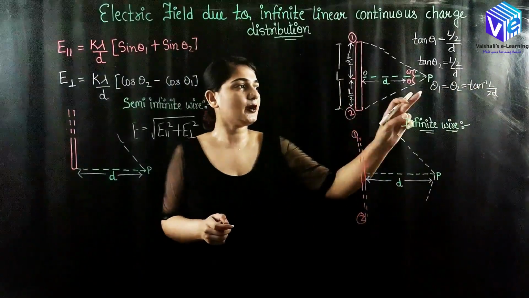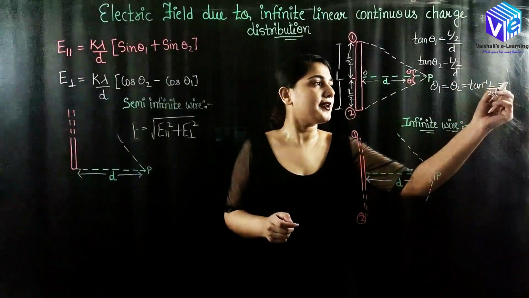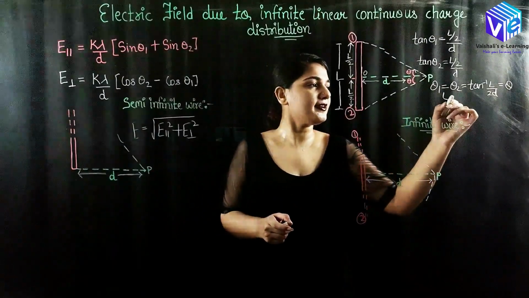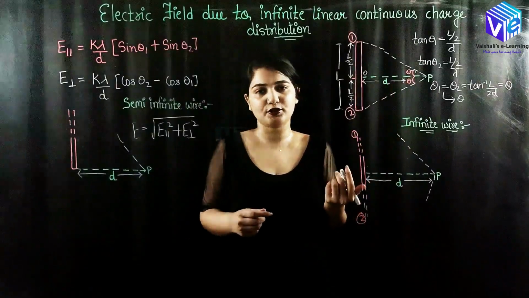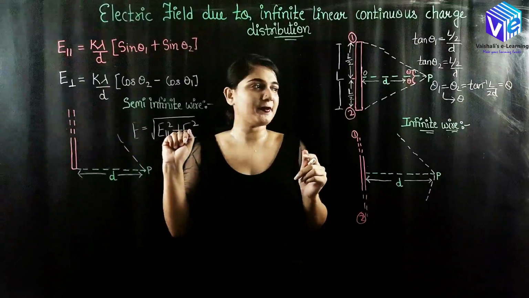I can write theta 1 is equal to theta 2 is equal to tan inverse L upon 2D, and I can take it as theta. Now both of them are theta. Now I have to find E parallel and E perpendicular.